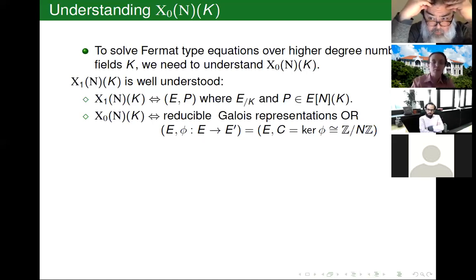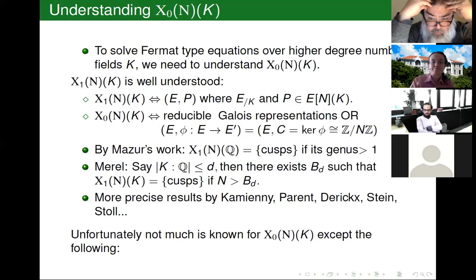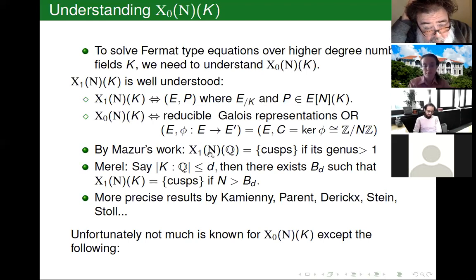This is what they do, but the results that we know about these K-rational points are quite different. For X_1(n), we know a lot of things. By Mazur's work, we know that X_1(n) consists of only cusps if the genus of this curve is bigger than 1.